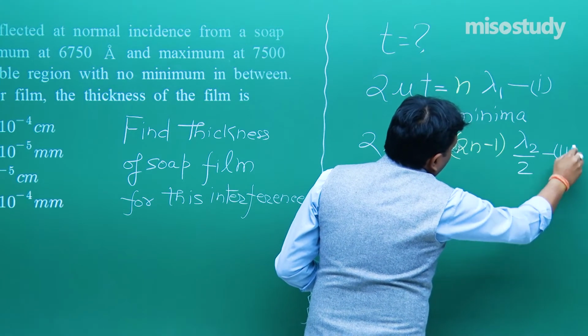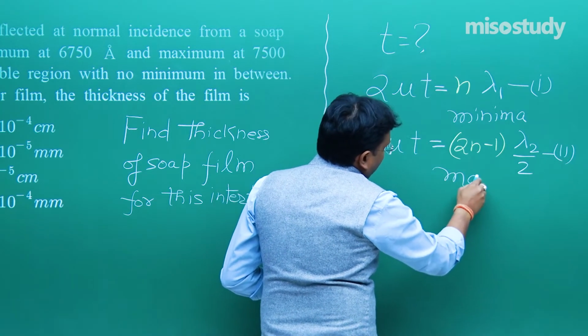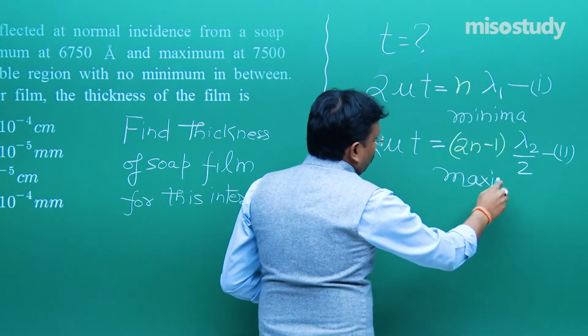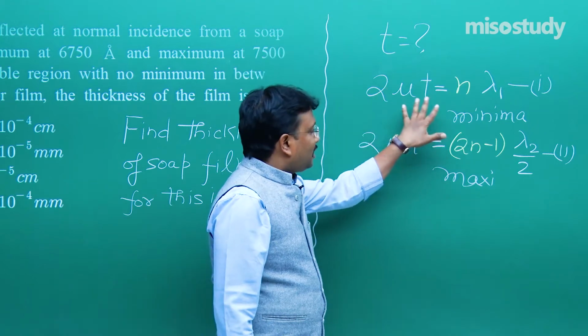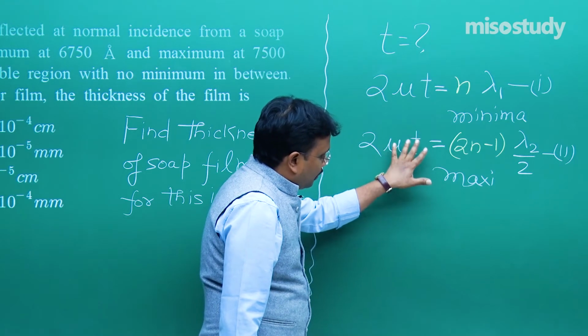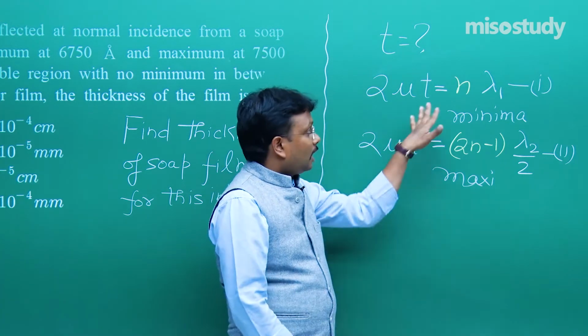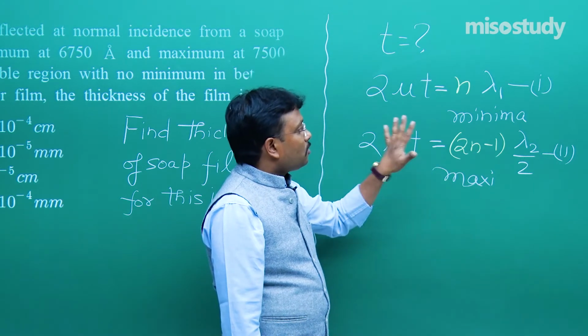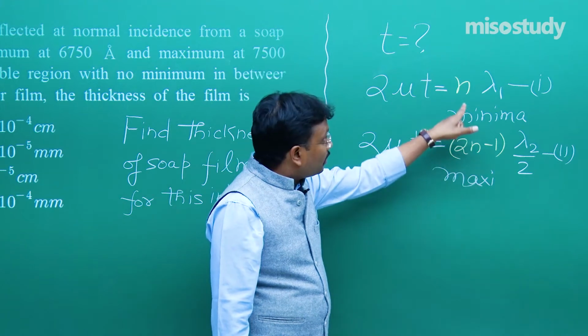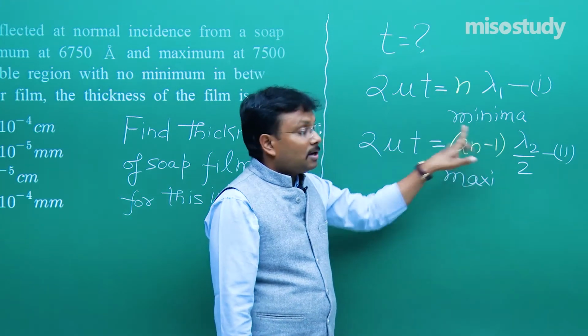Equation number 2, it is for maxima. So first thing, students, my request to all of you, practice these simple formulae. That is utmost important. If you are not comfortable with these formulae, then what I mentioned with yellow color is really important.